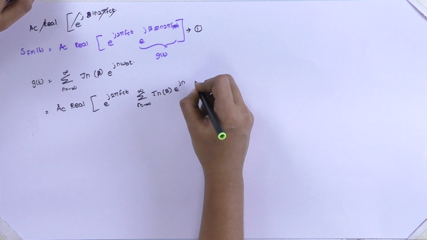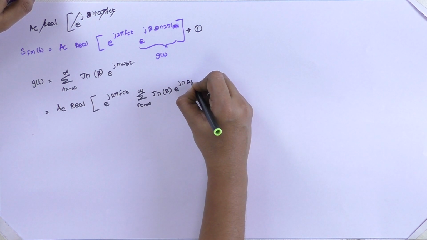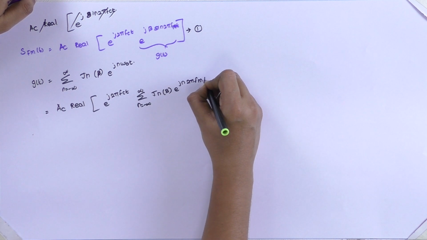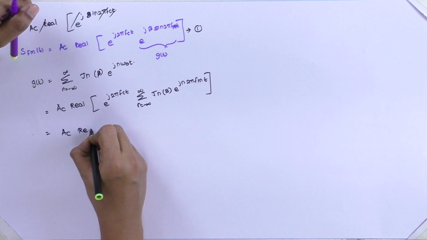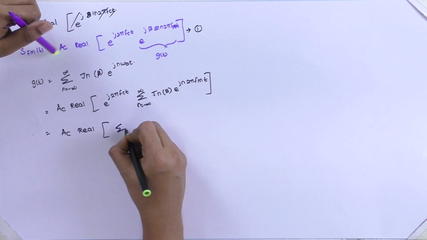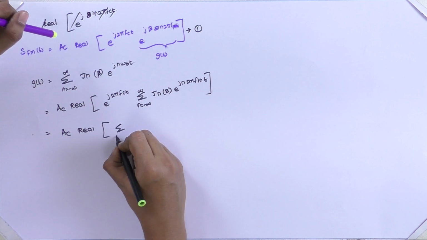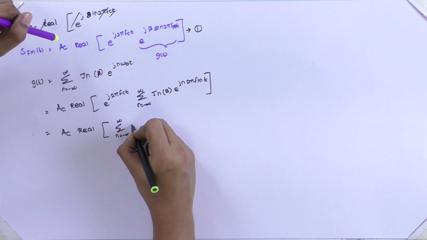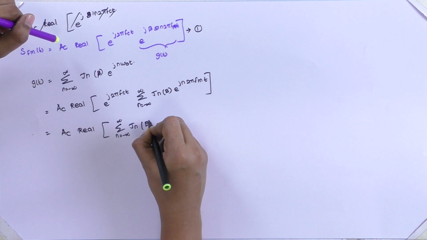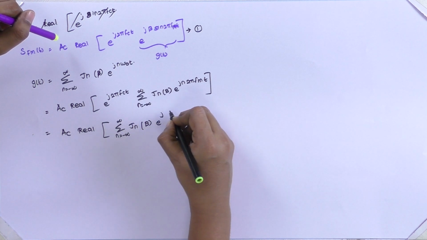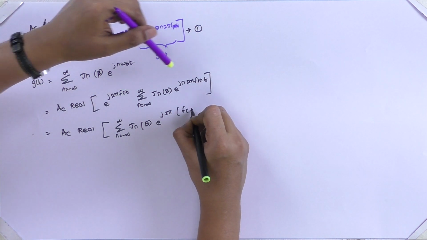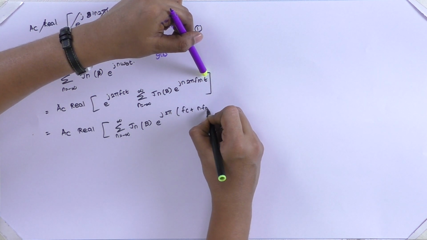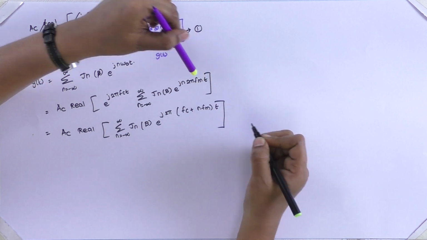Therefore, e power j 2 pi fm t. This term can be represented as AC into real part of, when we take this term inside, summation over n is equal to minus infinity to plus infinity Jn of beta e power j 2 pi fc plus n fm into t.